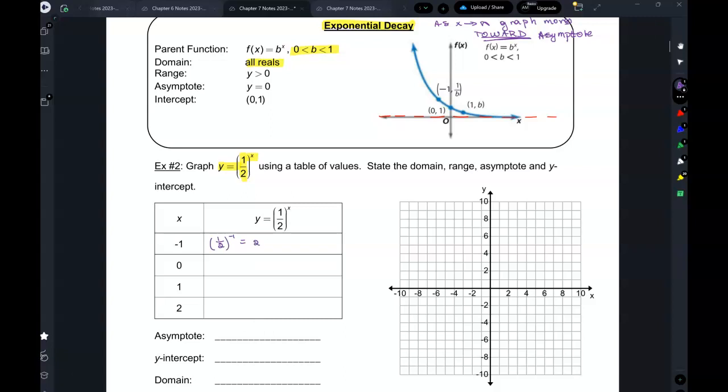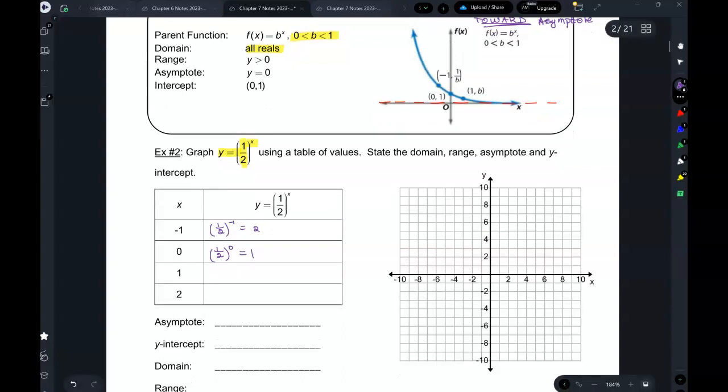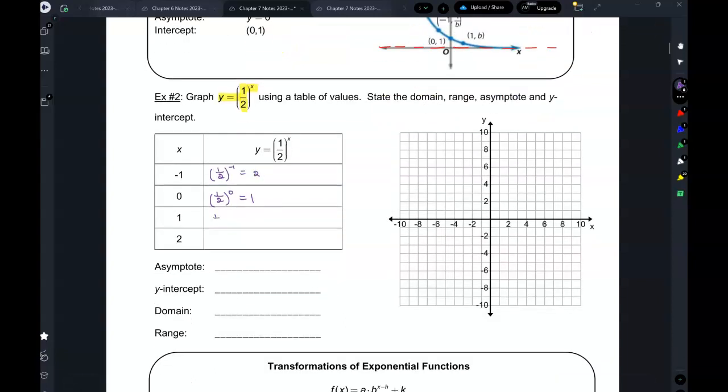This is 2. Okay. Half to the 0, that's 1. Again, that's the y-intercept. Half to the 1 is 1/2. Half to the 2 is how much? 1/4.